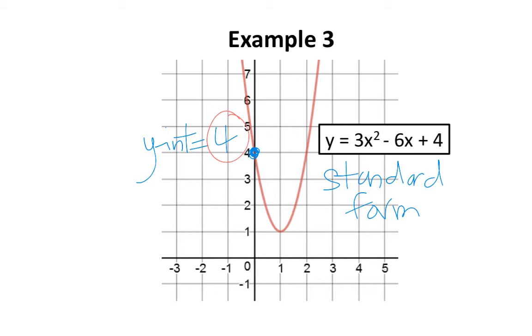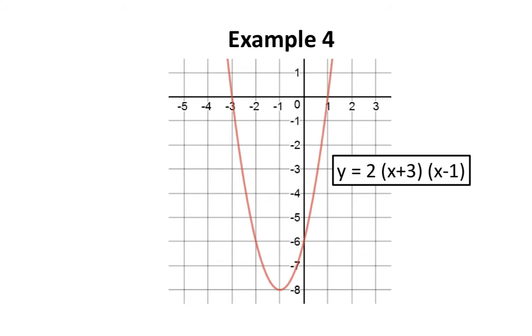This 4 matches up with this +4. And as established in our previous example, this last number tells us what the y-intercept is. Therefore, if we're just given the equation of a parabola, we could possibly match it to its graph, just using that last number.